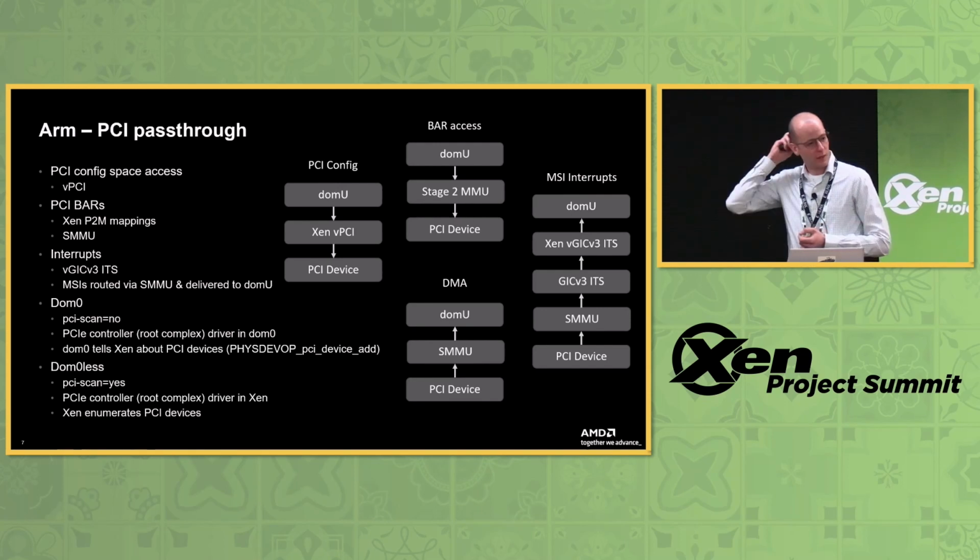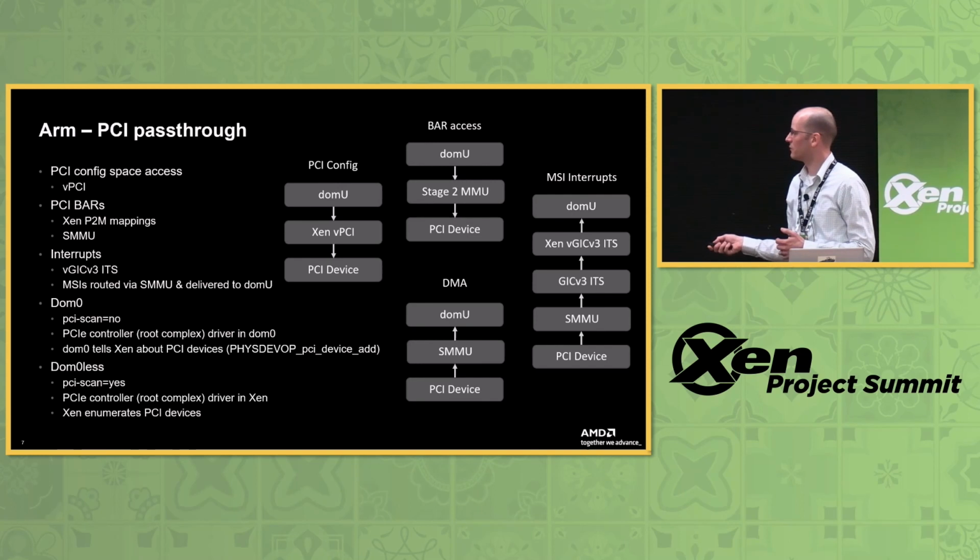So on ARM, there's two different cases, for Dom0 and for Dom0-less. In the Dom0 case, we rely on Dom0 having a driver for the PCIe root controller. And then Linux Dom0 will scan the PCI bus and inform Xen about each PCI device that it finds.